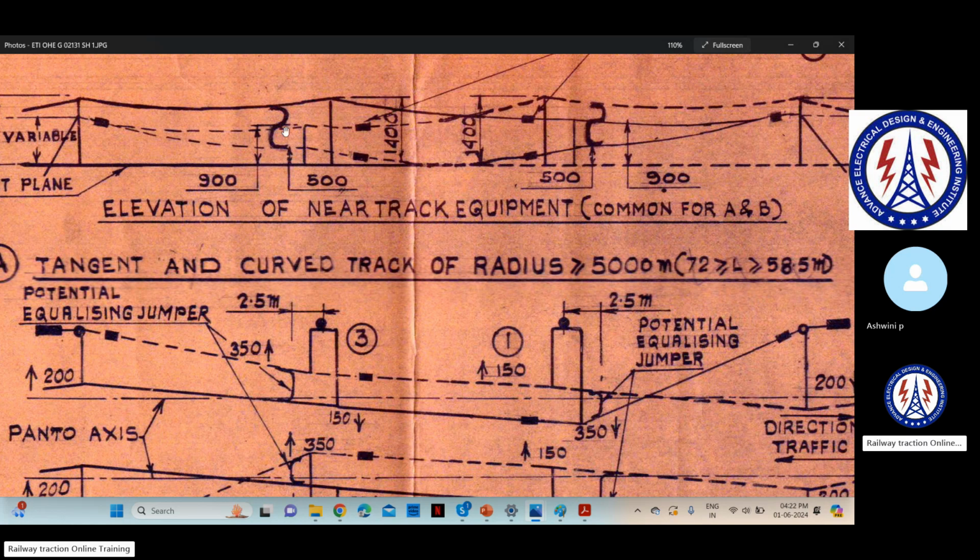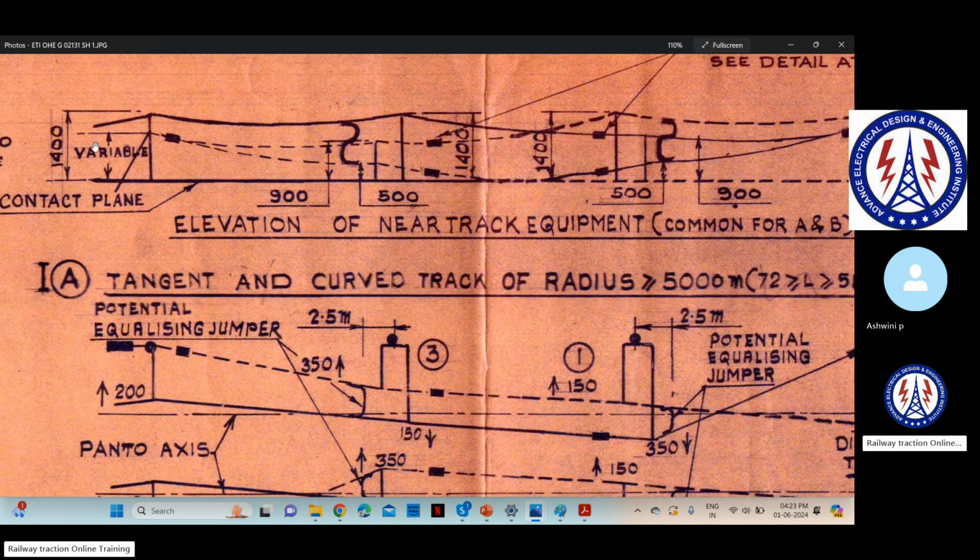So the concept is the same over here, that they do raise it before anchoring. That's what I want to explain to you. They just cannot keep it over here and then terminate at this point. They cannot do that. The termination is variable, but it is always preferred at 7.06 meter from the rail level.